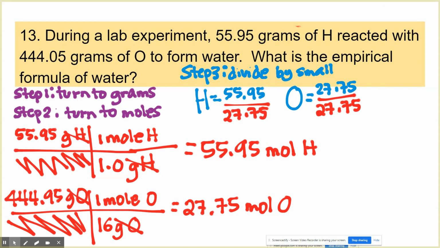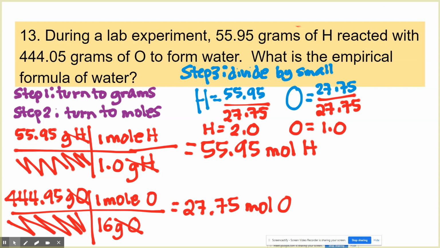All right. So H: 55.95 divided by 27.75. H is equal to 2.01. Let's just go 2.0. And O obviously is equal to 1. And then remember, step 4 would be multiply until whole. So make it whole.